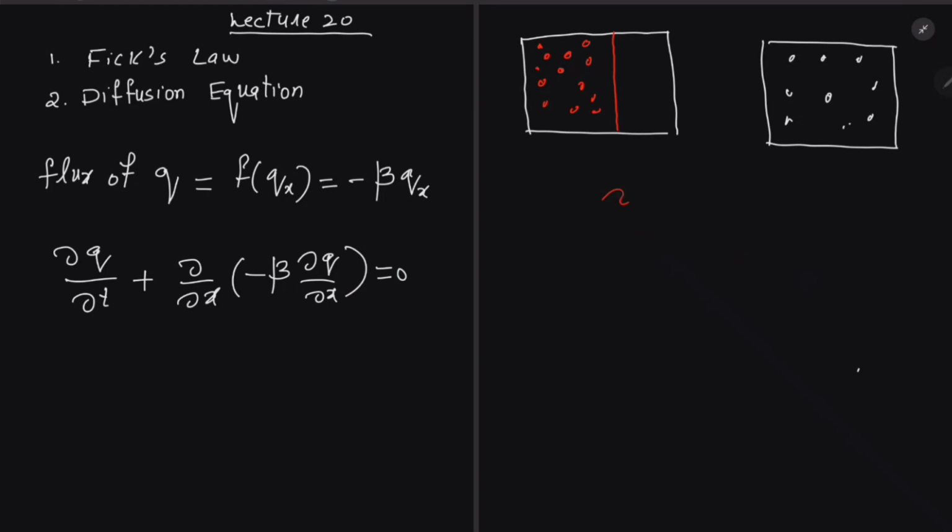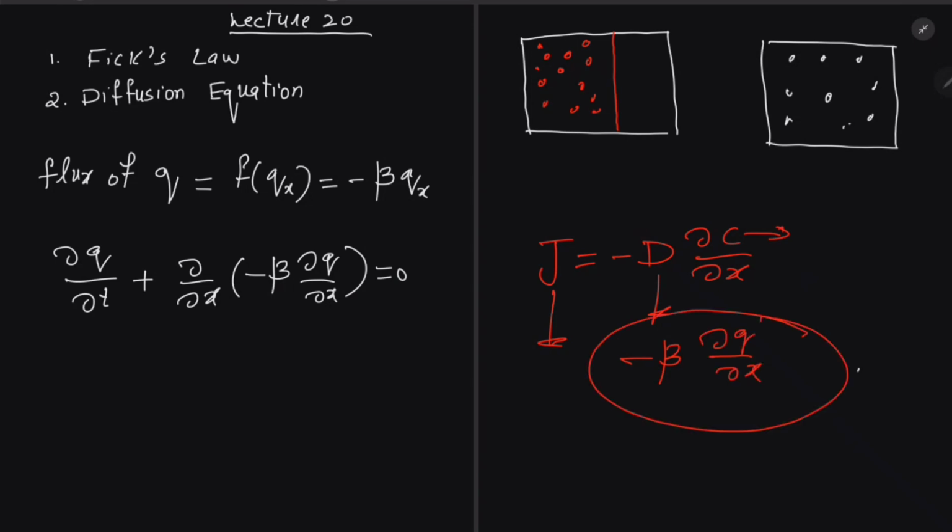When I talked about Fick's law, it says that J is equal to minus D partial C by partial X. If I say that this diffusion process is minus beta, and C is over here partial Q by partial X, then Fick's law has been incorporated over here.